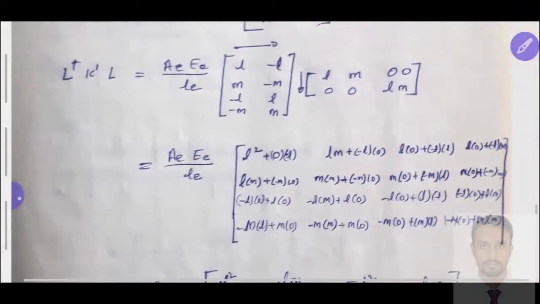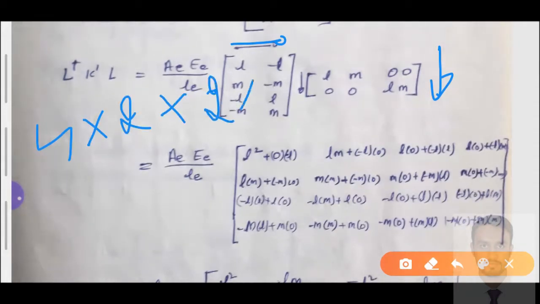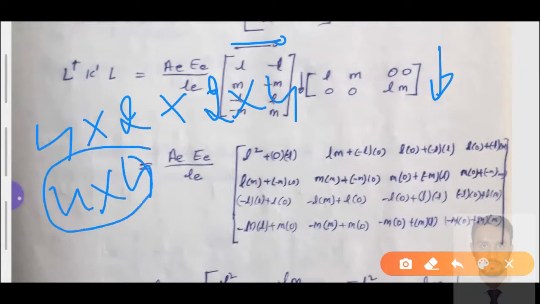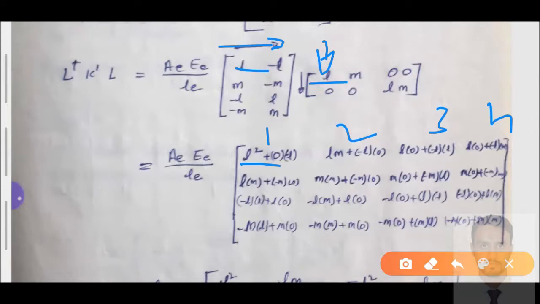This equation is order-wise; in the previous one it was changed a little bit, so all of you take it down order-wise. See here, first row first column: we are multiplying 4 rows by 2 columns into 2 rows by 4 columns, so we'll get a 4 cross 4 matrix. Now I'll simplify this matrix. Take down first row first column: L into L square already taken, minus L into 0 plus minus L into 0.